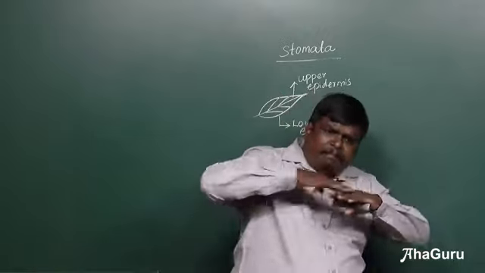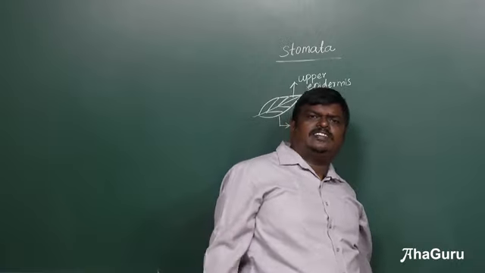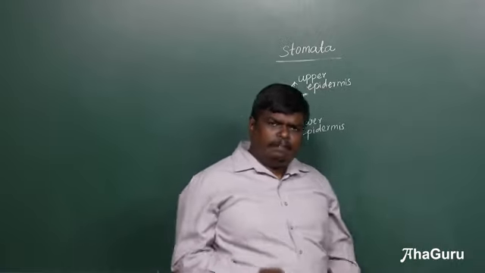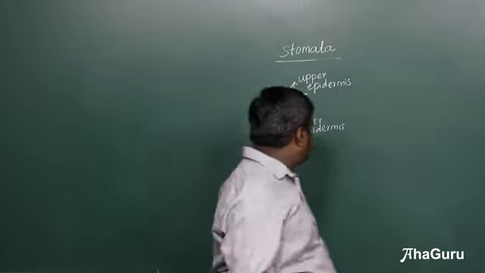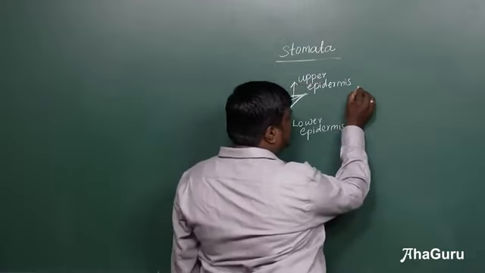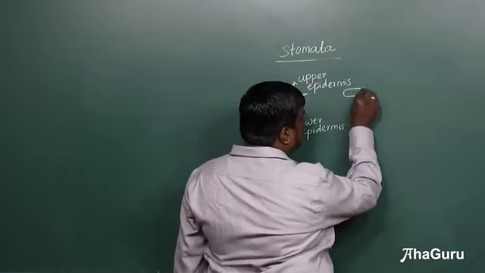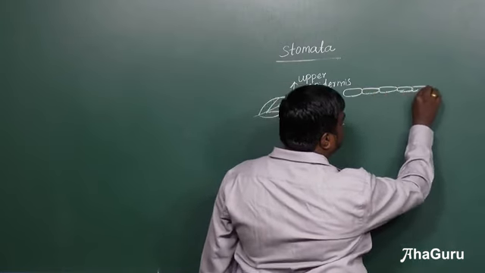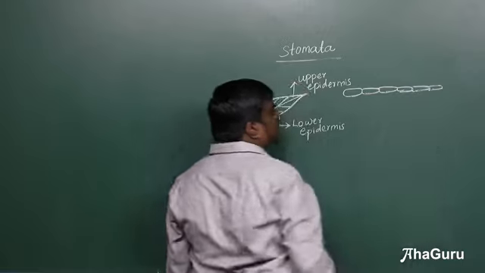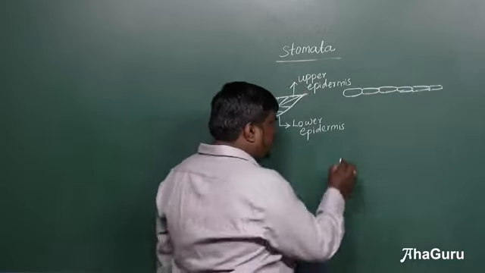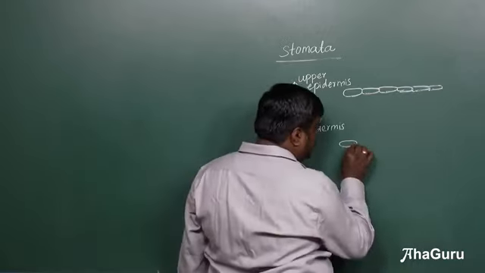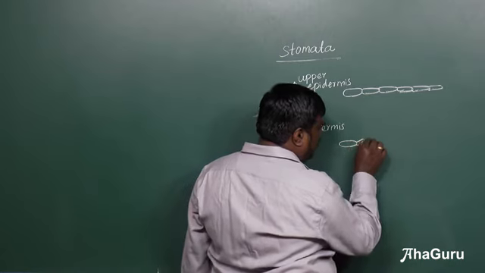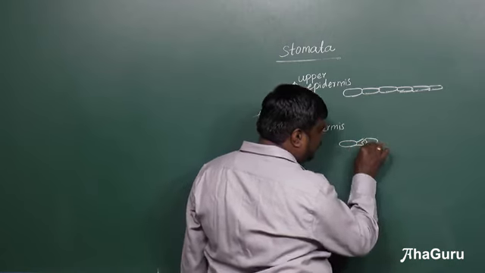The upper part of the leaf is called the upper epidermis, and the lower part is called the lower epidermis. If you observe the tissue, the upper epidermis is a continuous layer like this, whereas the lower epidermis has some pores like this.